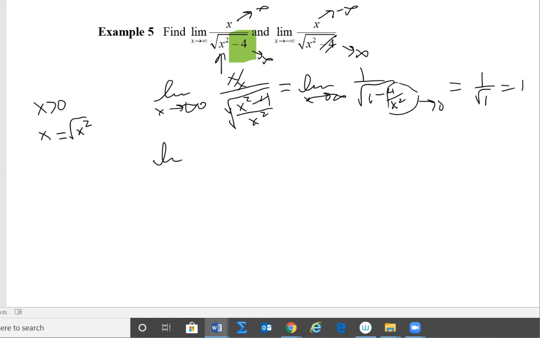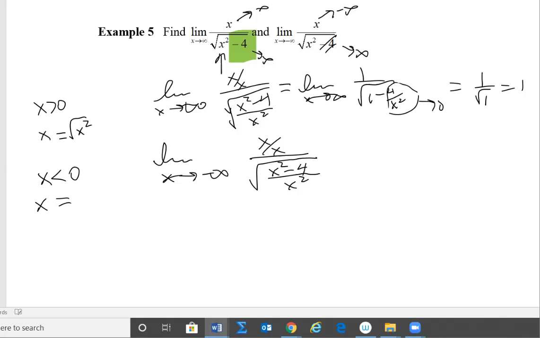Now, for the second problem, you do the same sort of thing. You're going to divide by an x, but down here, when you put that value in as an x squared, you've just changed a negative number into a positive in that denominator. In other words, when x is less than 0, then this is actually equal to the negative of this. It has to be.